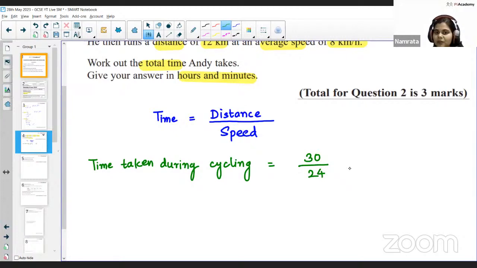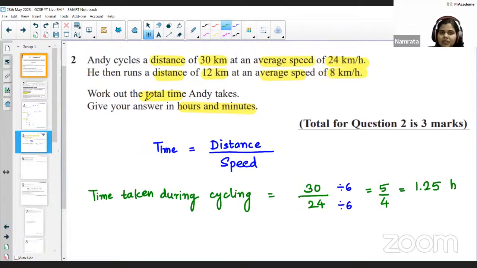When we simplify this, I'll divide by 6, which gives me 5 over 4. Am I right? And if we further simplify this fraction, we'll get a decimal number that is 1.25, and the answer will be in terms of hours. Again, time taken for running. He first cycles and then he starts running too. So time taken during running.